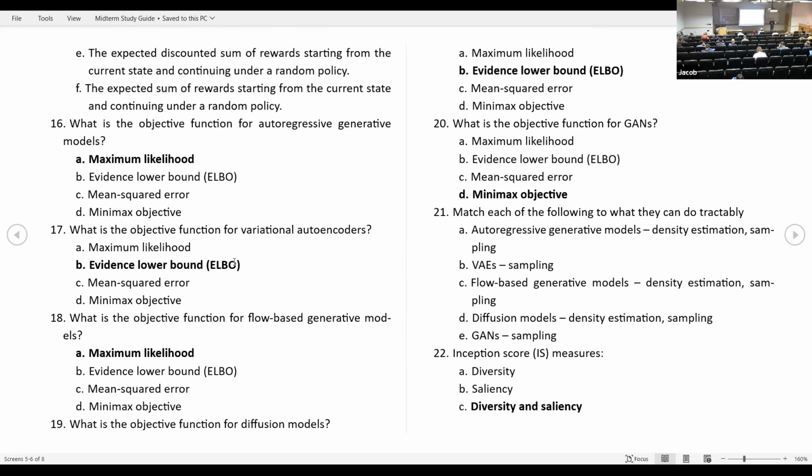Usually an objective is a mathematical version of some idea that we have in our heads, and it's often a lossy approximation. A lot of the time we're going to be maximizing the likelihood as our objective function.